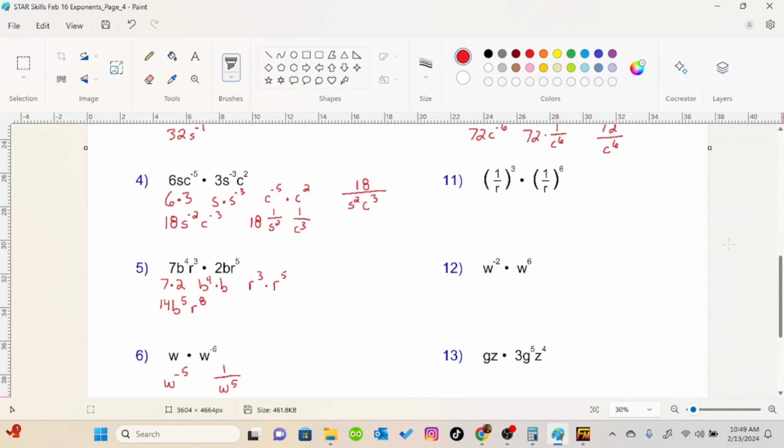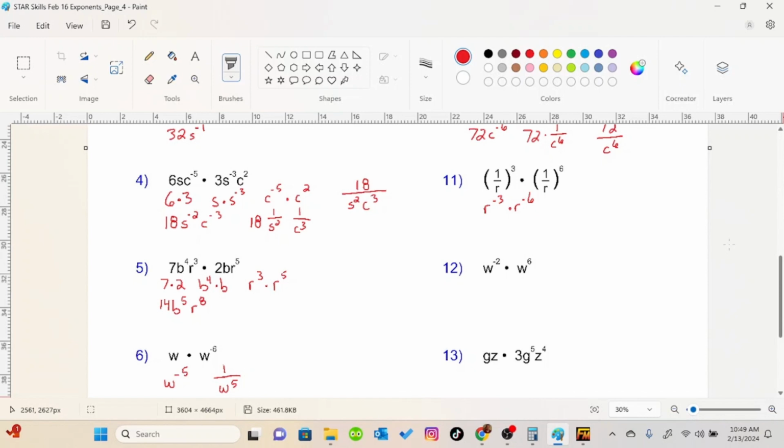Number 11. We have 1 over r to the 3rd, which is r to the minus 3, times 1 over r to the 6th, which is r to the minus 6.